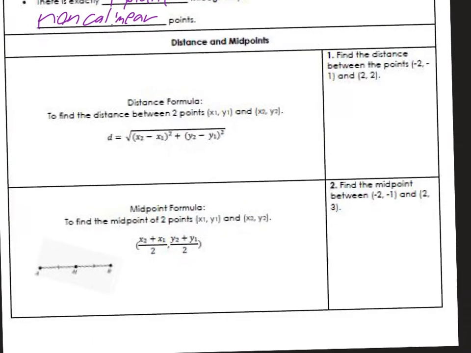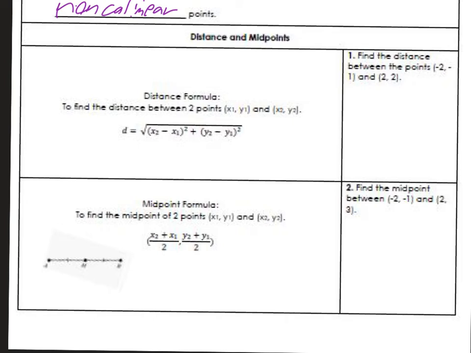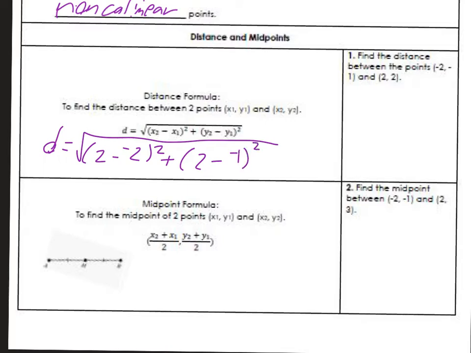The distance is equal to the square root of (x sub 2 minus x sub 1) squared plus (y sub 2 minus y sub 1) squared: 2 minus -2 squared plus 2 minus -1 squared.